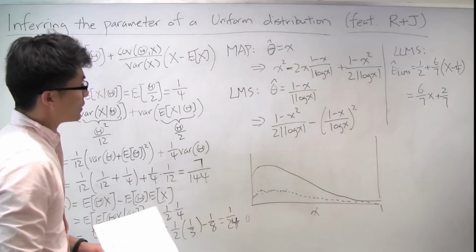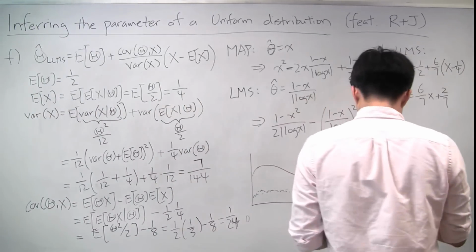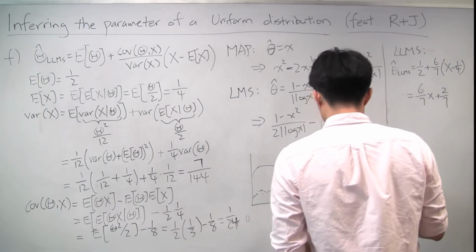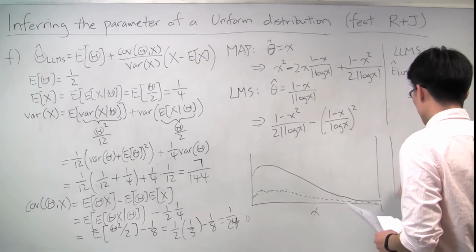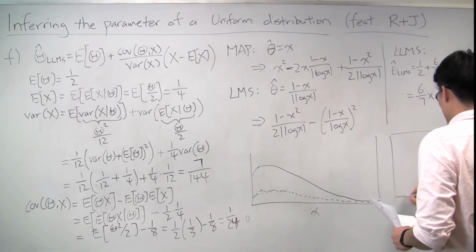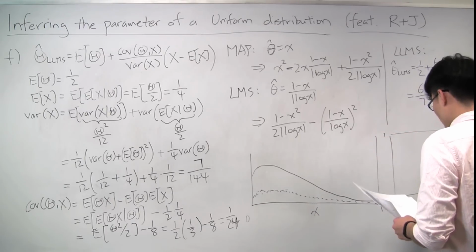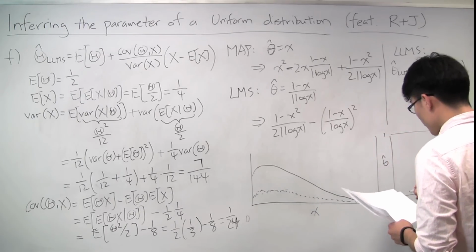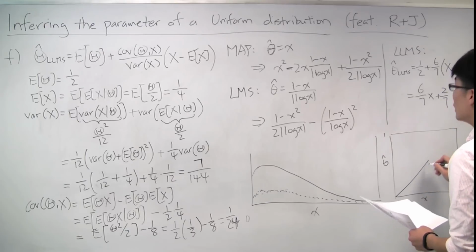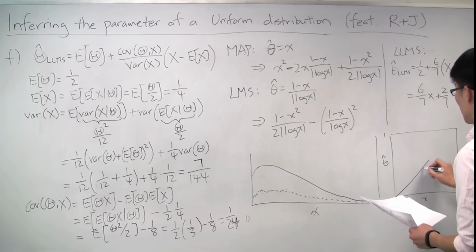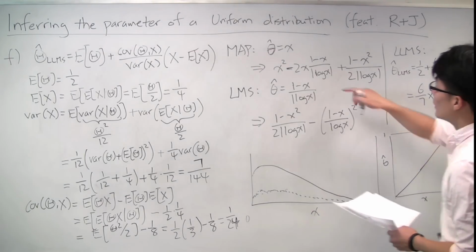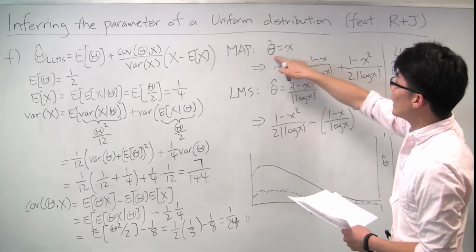And it turns out that you can, again, plot these to see what this one looks like. So here is our original plot of x and theta hat. The MAP estimator was just theta hat equals x.